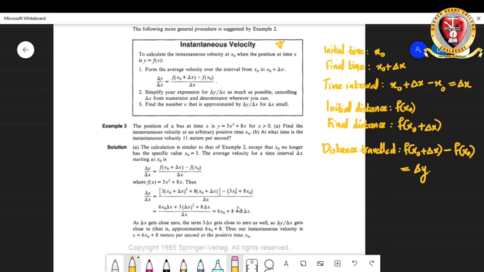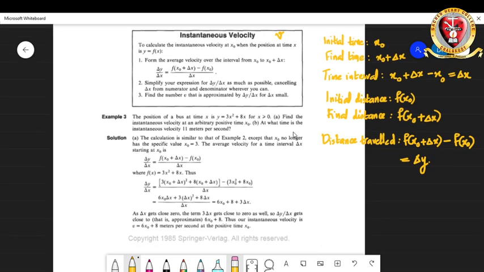We found the average velocity and then made this delta x approach 0, and we obtained delta y by delta x approaching 6x naught plus 8 whenever delta x is approaching 0, right? So the instantaneous velocity, small letter v, is equal to 6x naught plus 8 meters per second at the arbitrary time x naught.